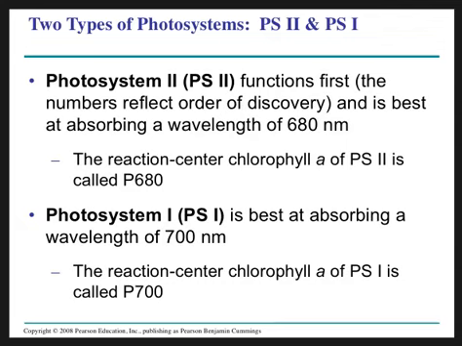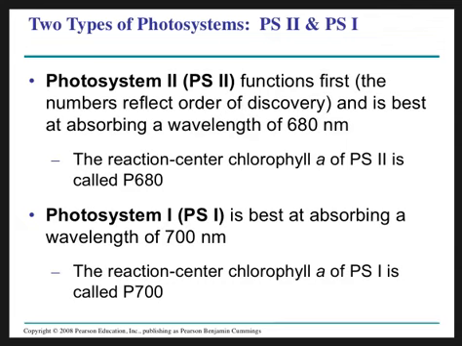So they discovered photosystem 1 first, not knowing what it was, they named it photosystem 1. Then later they got more of the picture and they discovered photosystem 2, and they discovered that photosystem 2 actually plays its role in photosynthesis before photosystem 1. So that's why the names are reversed and backwards and messed up.